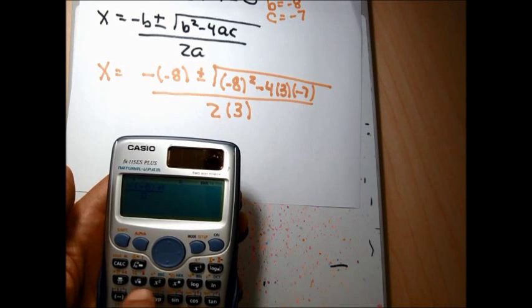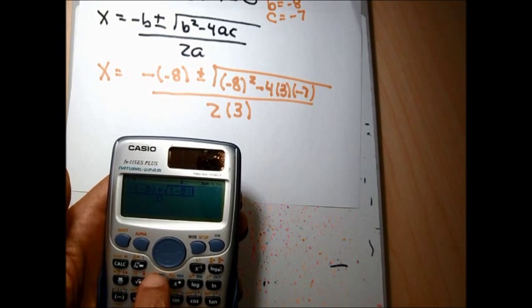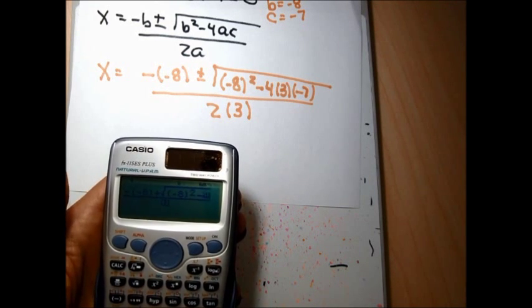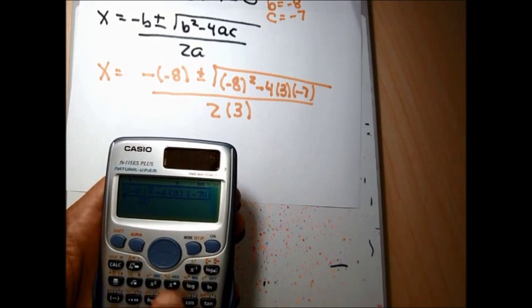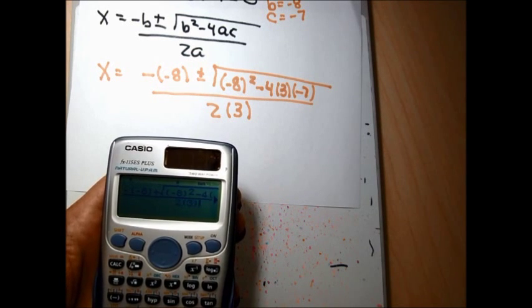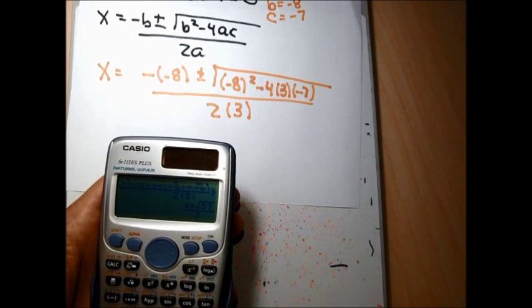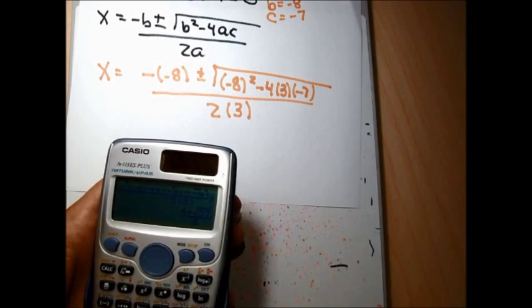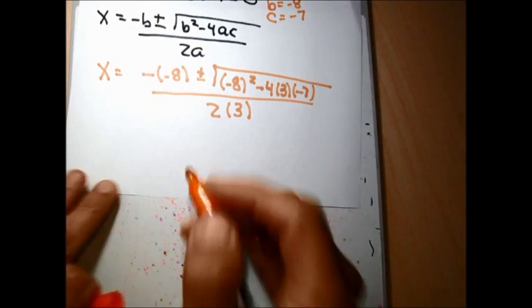And then square root, parentheses, negative 8 squared minus 4 parentheses 3 parentheses negative 7 all over 2 parentheses 3. And this will give me one of the two answers. Well, if I actually did that, hit enter. And one of the two answers is 4 plus the square root of 37 over 3.